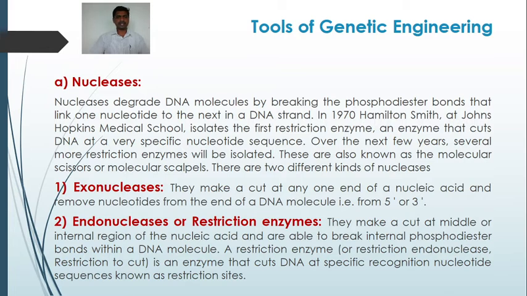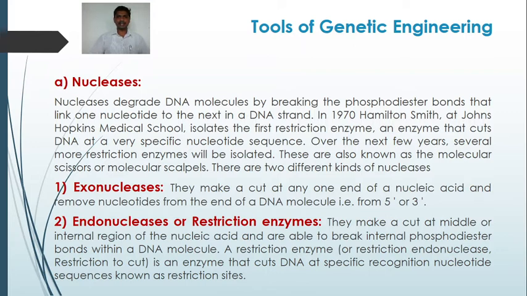The DNA molecule is made up of deoxyribonucleotides, and individual deoxyribonucleotides are joined to each other by phosphodiester bonds. So nucleases degrade DNA molecules by breaking the phosphodiester bond between adjacent nucleotides.